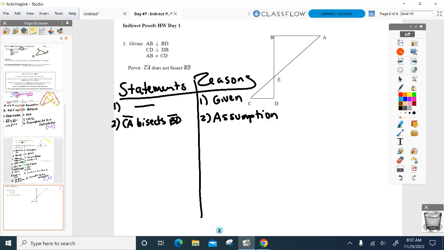Real quickly, so we are all on the right track. Out of these 3 givens, which one are you going to try to contradict? It's always easy which one you're going to contradict. The not one. You always try to contradict the not one. So what are you going to say? That you're going to try to prove that AB is equal to CD somewhere in your proof. That's what you want.